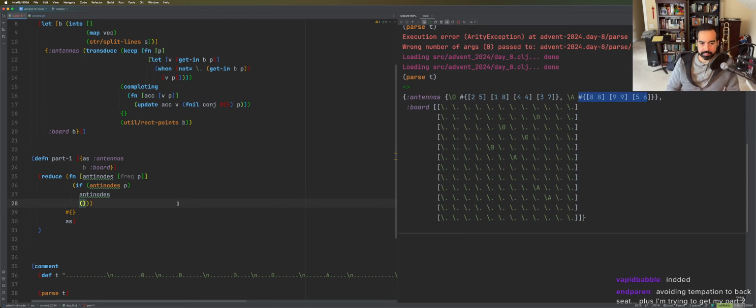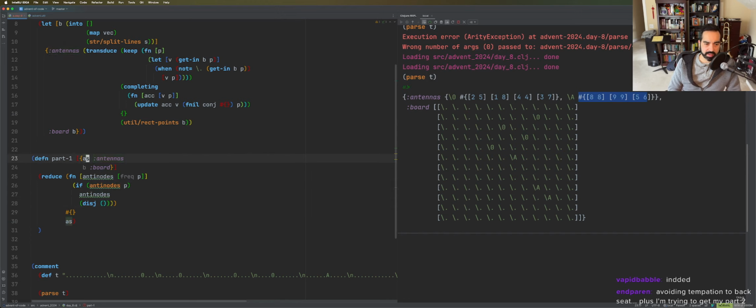Otherwise, we need to go over all of the remaining antinodes. So we want to disjoin, hang on. Yeah, I think. Yeah, disjoin from antennas.